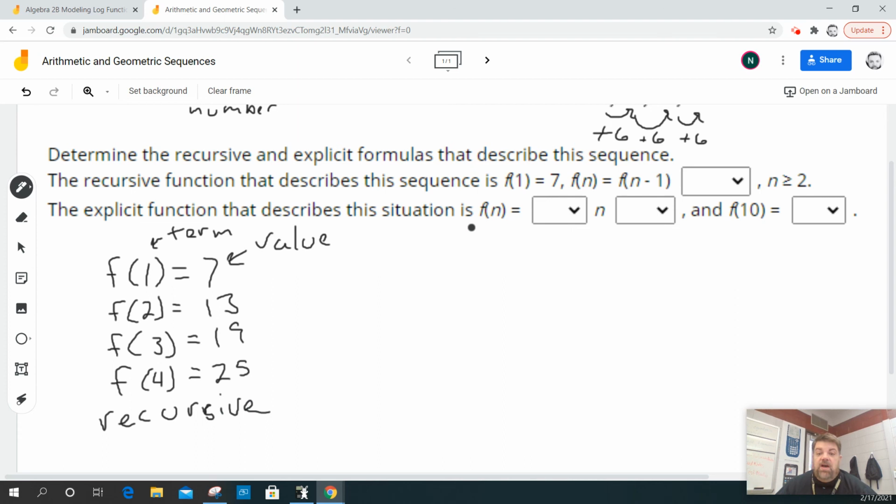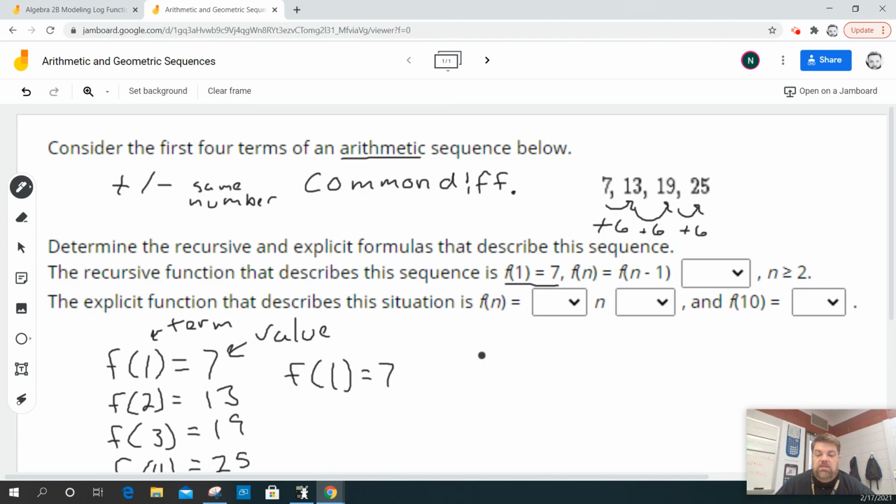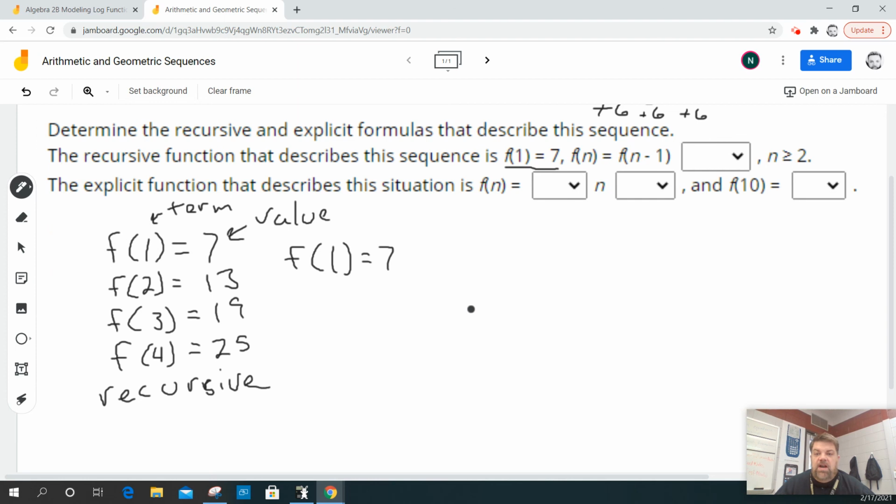And so what they want to know is, what are we doing? One thing that you can say, and we're going to go through a lot of example problems, is the way that recursive notation works is I have my first term, f of 1 is equal to 7. I'm getting that from here and also from up here, right?